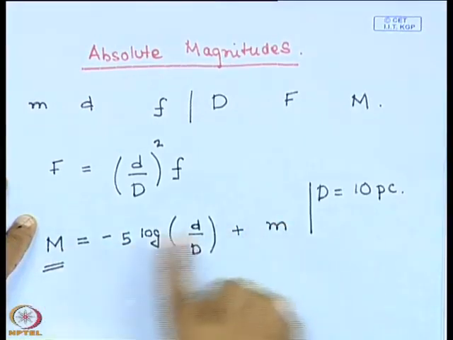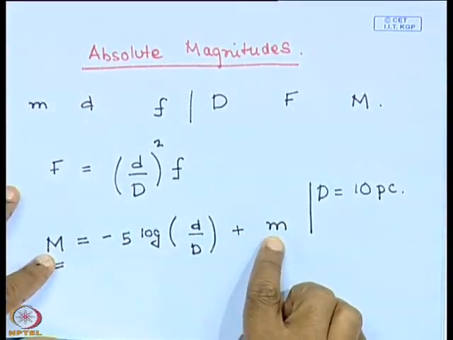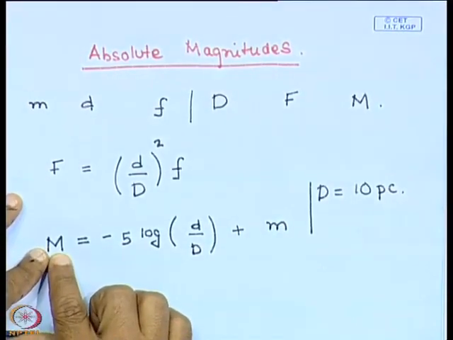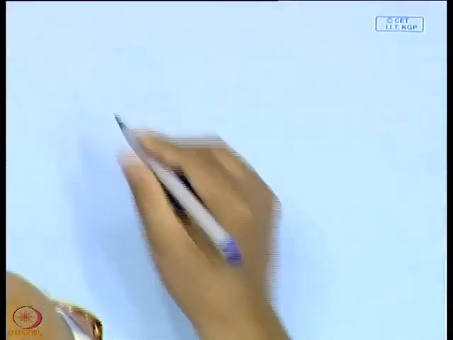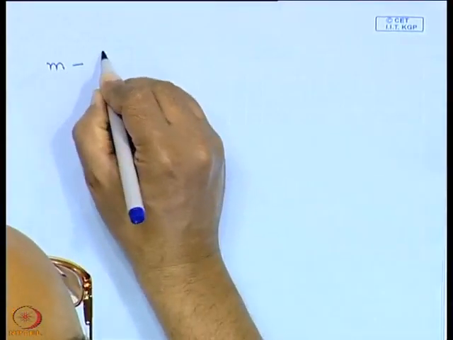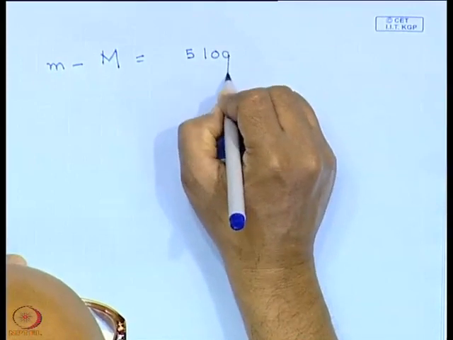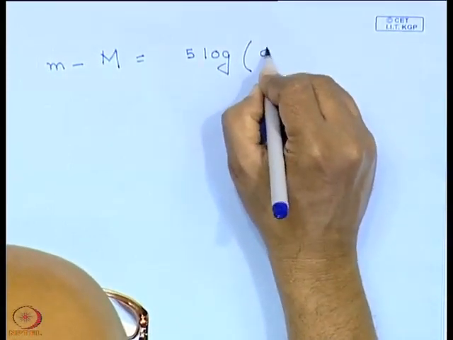Finally, I have to mention that the difference between the apparent magnitude and the absolute magnitude gives an estimate of the distance.